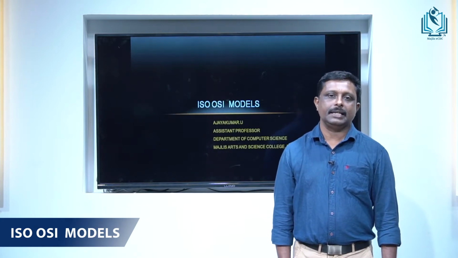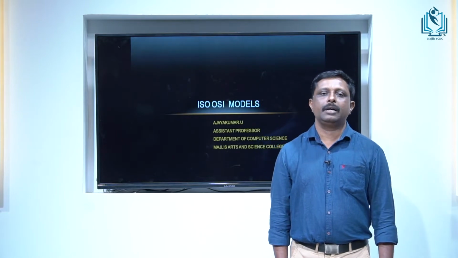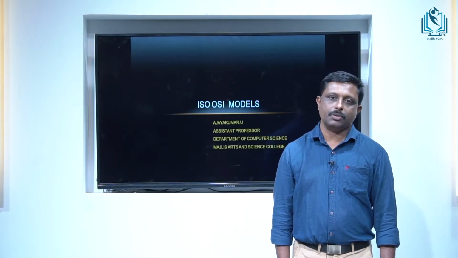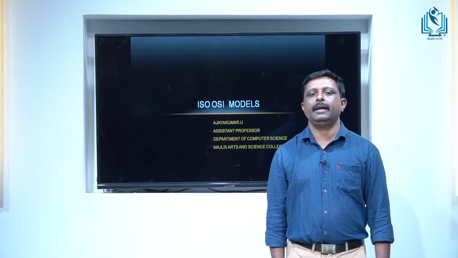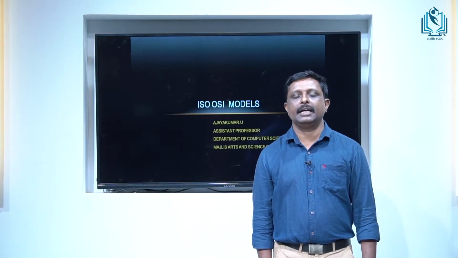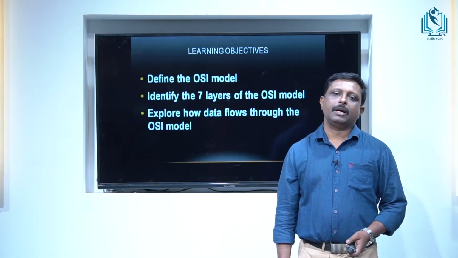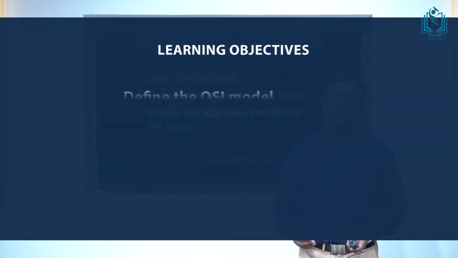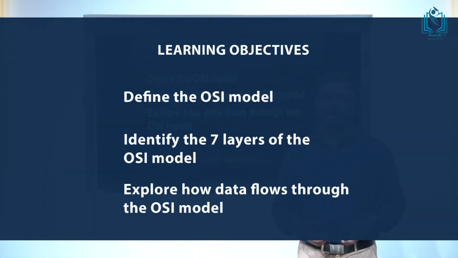After this session, you will get an idea about the working of the ISO OSI model and the different layers and their features. First of all, I am going to explain the model.